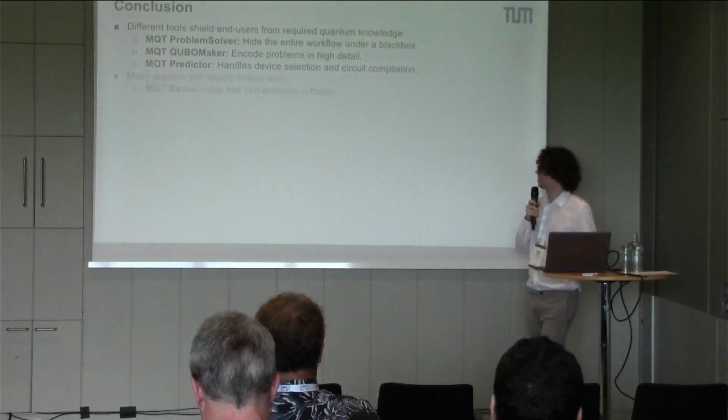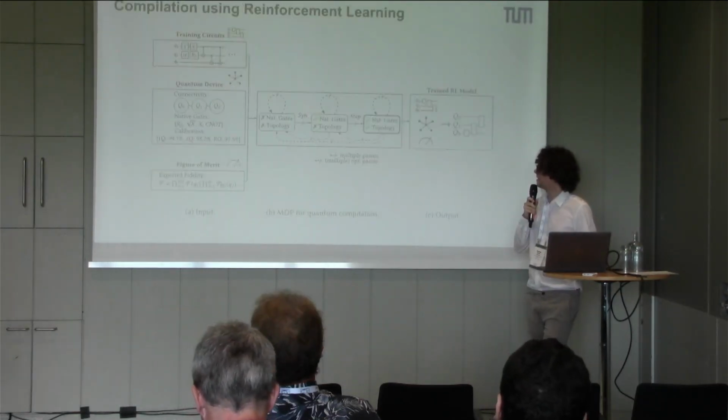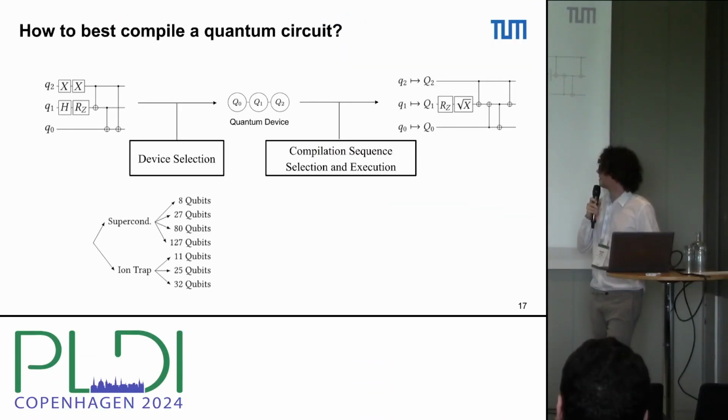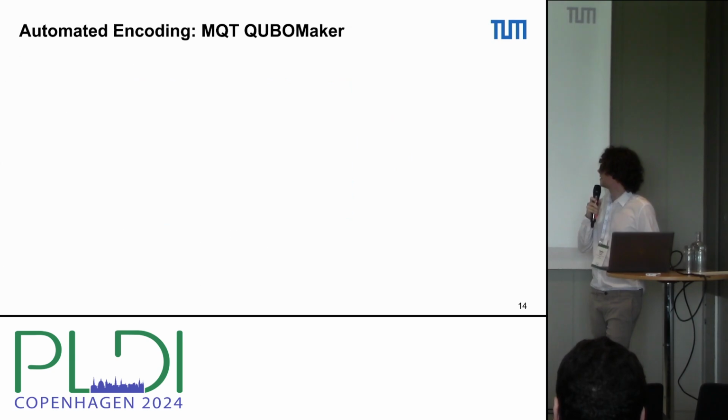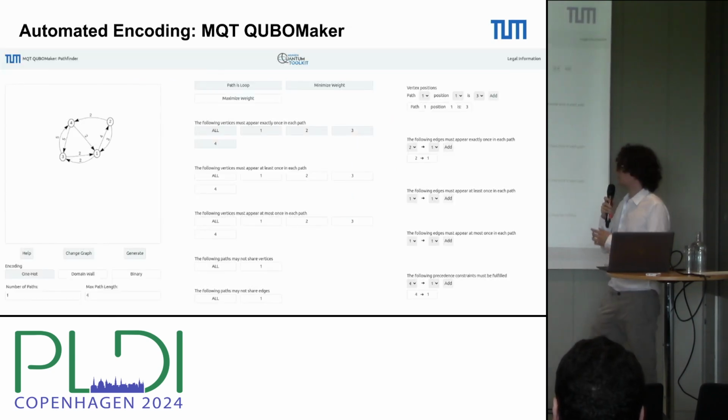Yeah, going back to the slide. Yeah, so here you see a set of different constraints that we support. For all of these constraints, we have pre-computed how they interact with each other. So that means we have some general penalty factors for these sorts of interactions that we already know. So the QUBO Maker just uses them.